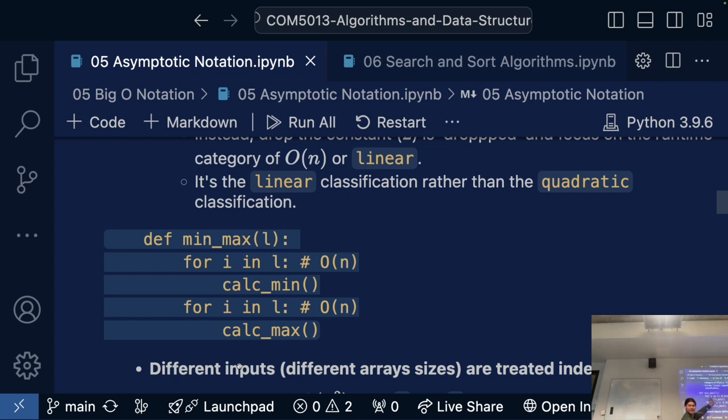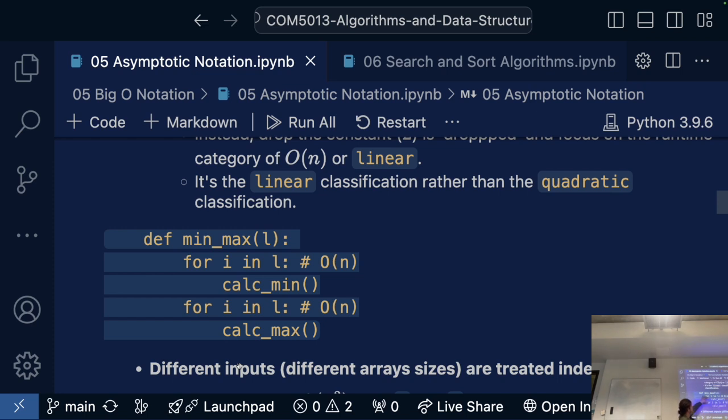We could say n there, it's just an alias. So every element, every n in the list, do a function. So that's linear time. It's directly proportional to the number of elements that we have in our list, whatever that is, O of n. And then we do the same again, so for every element in the same list, O of n again.